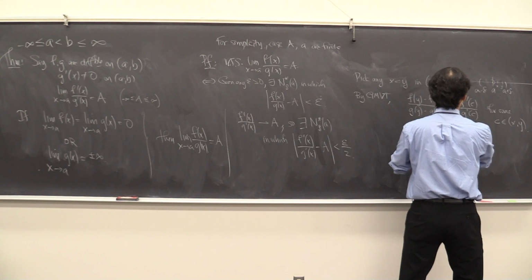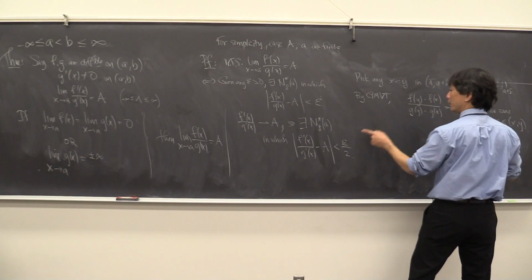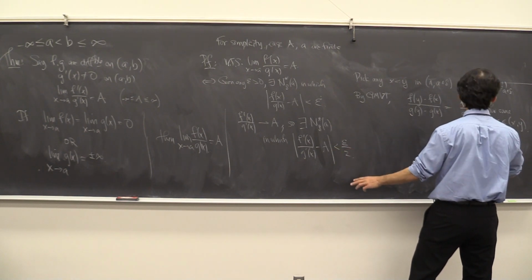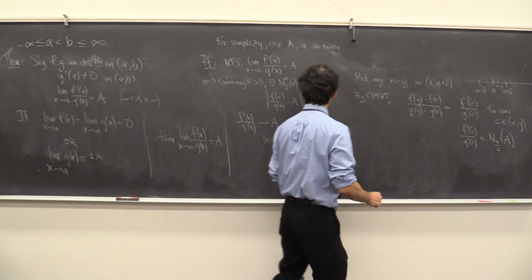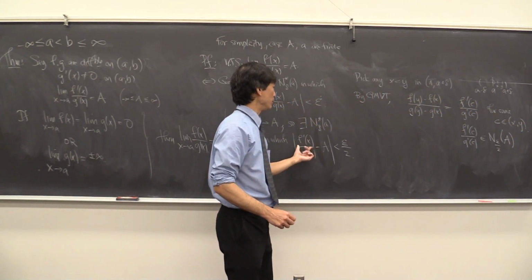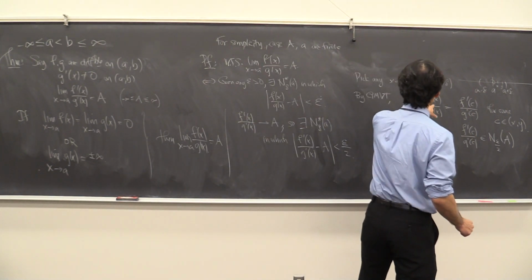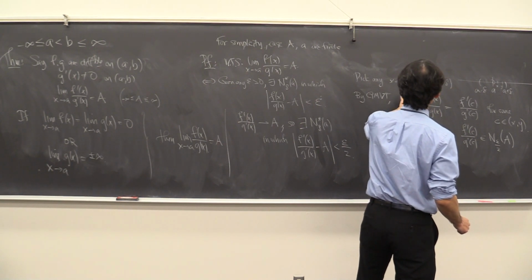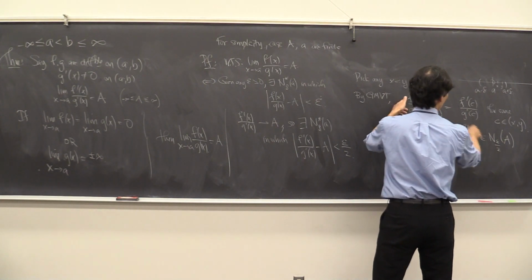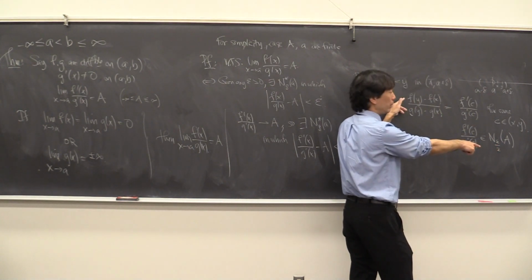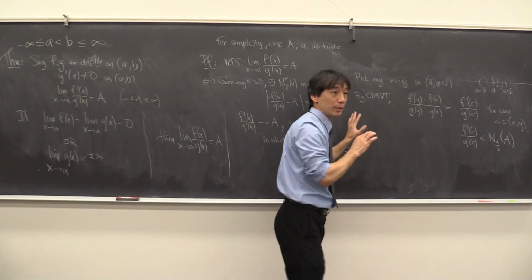So this thing lies inside the epsilon over 2 neighborhood of A. This thing is within epsilon over 2 of A. So that tells us that whenever we look at this sort of quotient, it lies inside there. It's close to A.